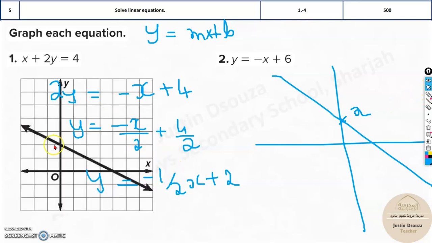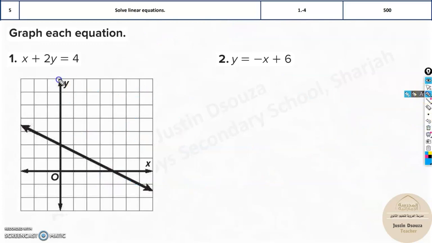Since you will have the MCQ options, you can easily find out this was 2. Yes, we got it correct, and it's going downwards. But what if there were two lines like this? Which is the correct one? This is based on the slope half. That's why it's expanding towards the x-axis.